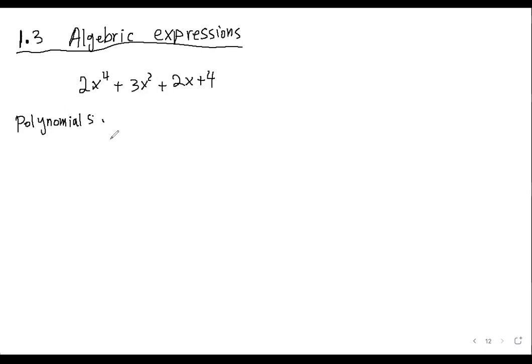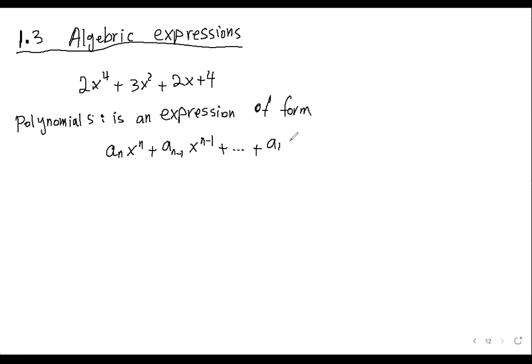Okay, polynomials. Definition of polynomials. A polynomial is an expression of the form a_n x to the n plus a_(n-1) x to the n minus 1 plus something plus a_1 x plus a_0.